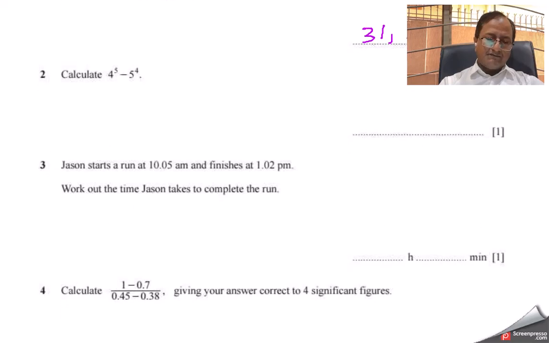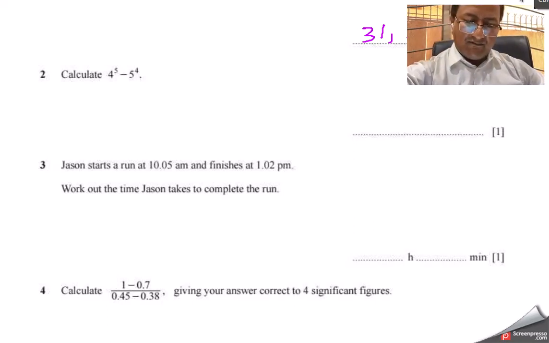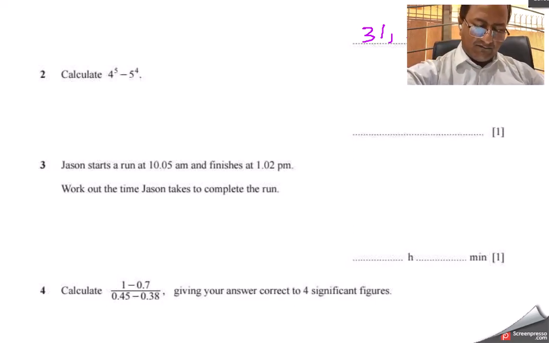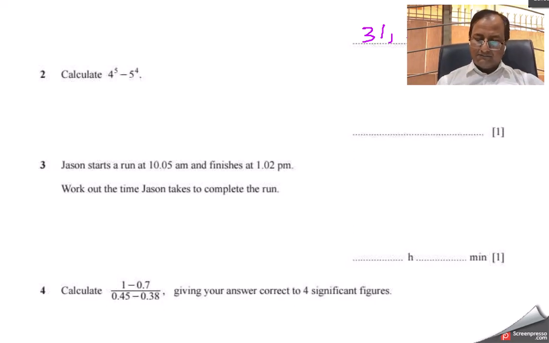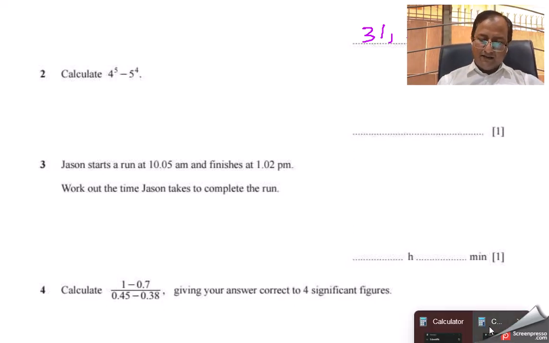Now here we have to calculate 4 to the power 5 minus 5 to the power 4. We are supposed to solve it with the help of a calculator, or we can solve it with proper calculations as well.